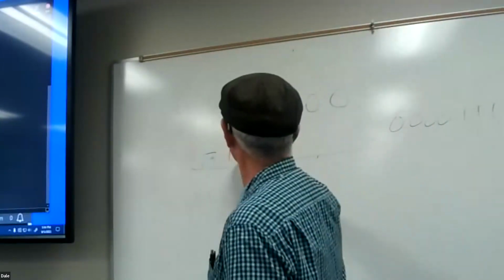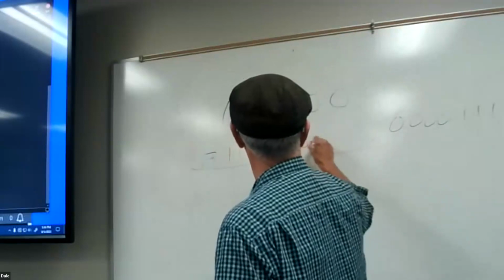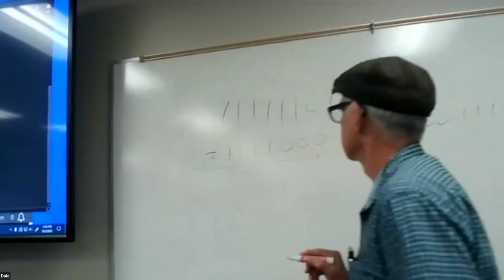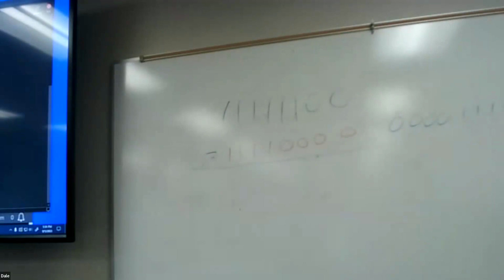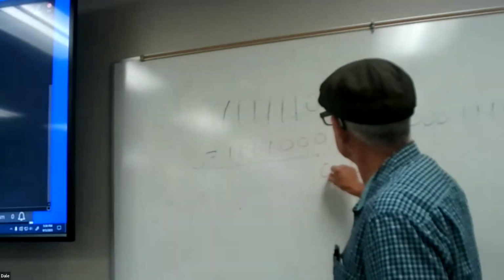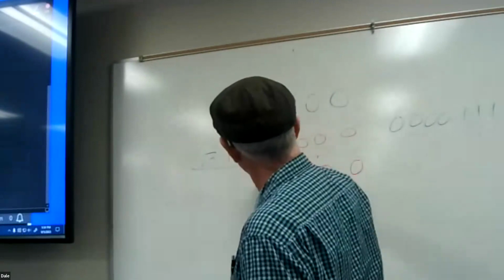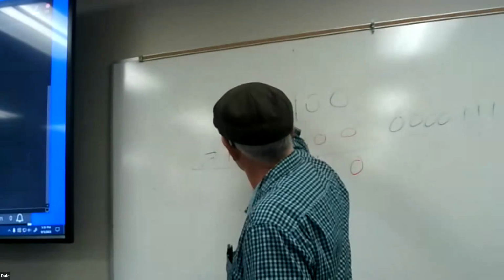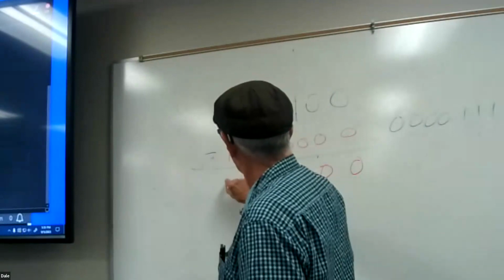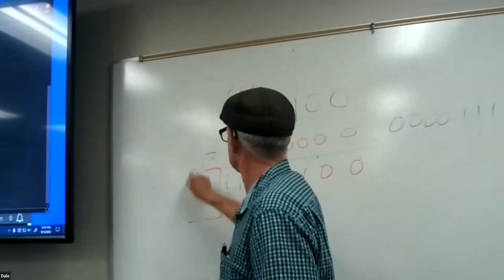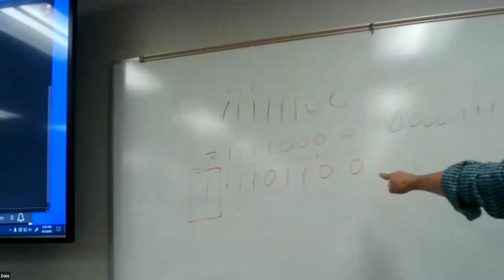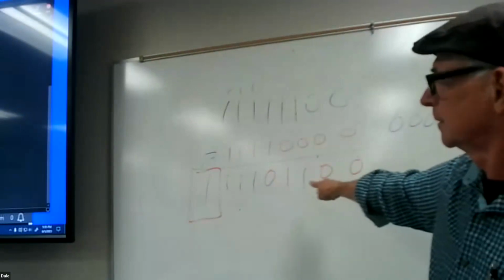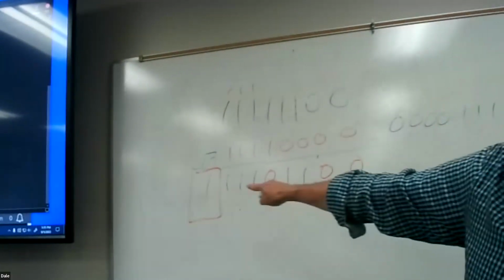So I'm going to say 1, 1, 1, 1, 0, 0, 0, 0. Now, what happens when I add these numbers? I got a 0, 0, 1, 1. We have a 0 with a carry. We have a 1 with a carry, a 1 with a carry, a 1 with a carry with the extra 1. Now, let's look at that pattern. What's it look like?